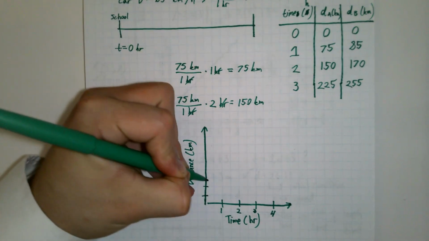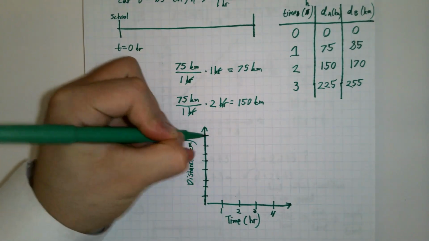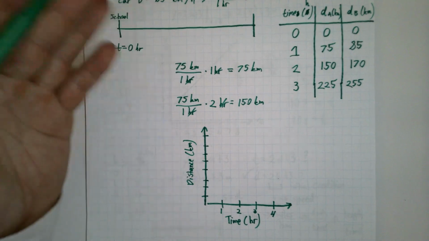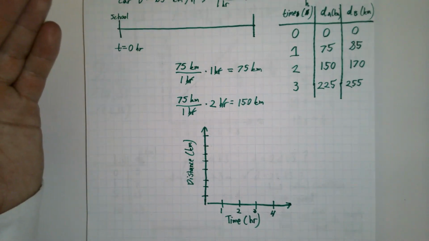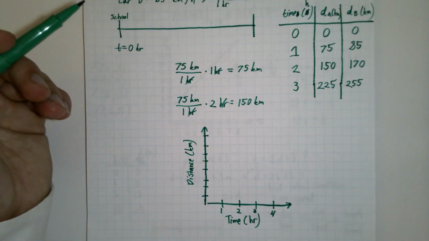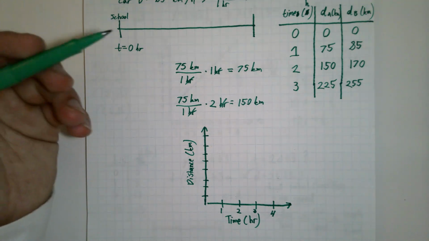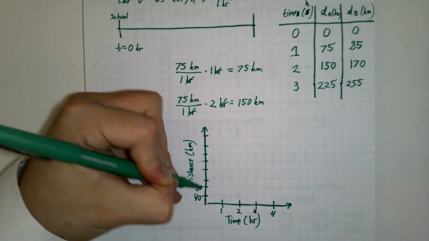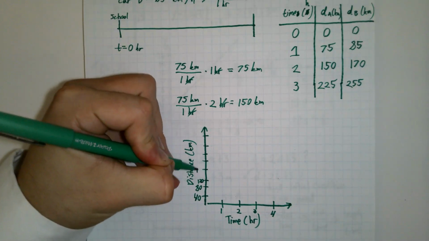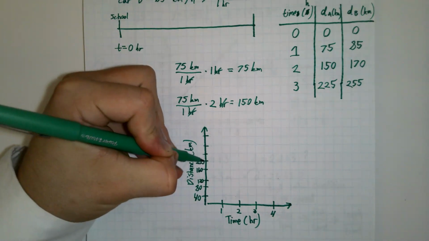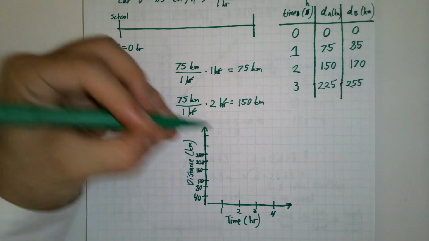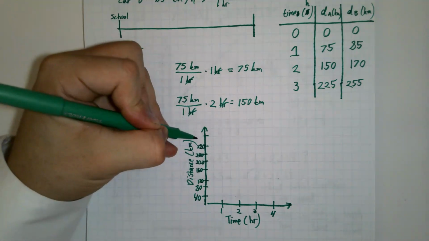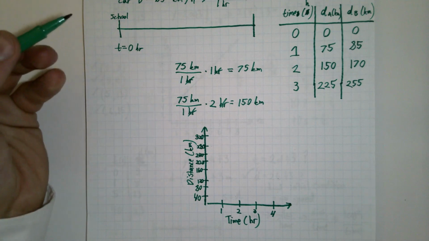I have 8 tick marks. 255 divided by 8 is a little bit more than 30, so I'm going to say 40 for each of these: 40, 80, 120, 160, 200, 240, 280, and then finally 320.